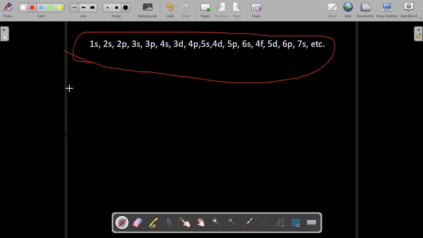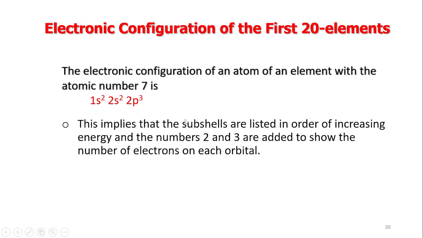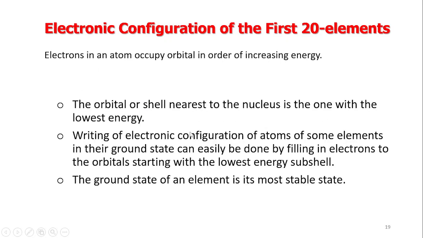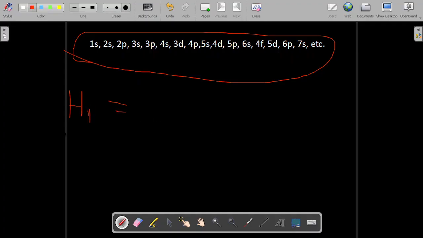Let's take hydrogen as an example. Hydrogen has an atomic number of 1. So how do we write out the electronic configuration of the atom? You say 1s, as stated above.